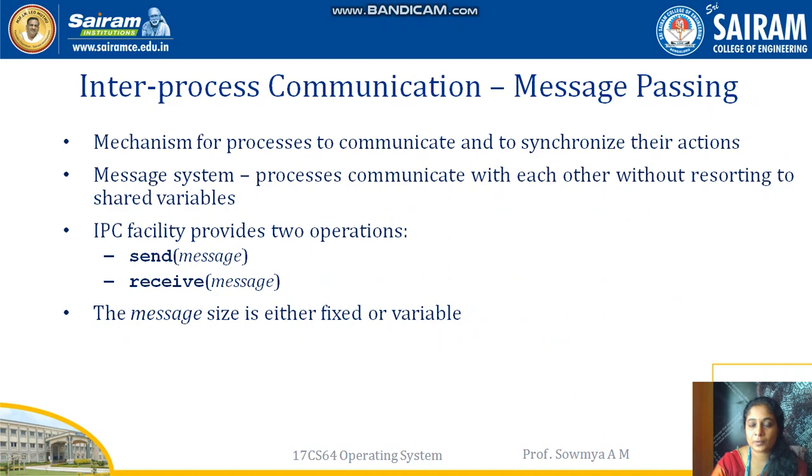Next one is inter-process communication through message passing. Here, whatever data is shared, instead of keeping it in one place, it is passed using messages. There are two communication operations, send and receive. Send message is used for sending the data to the receiver, and receive message is used to receive the data from the sender.